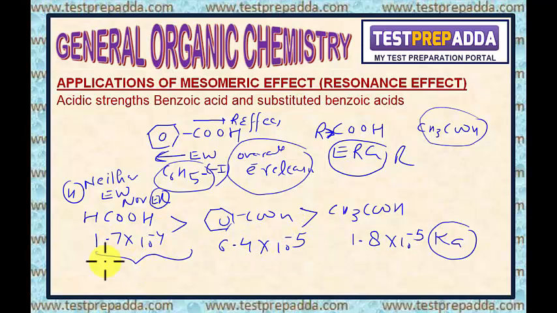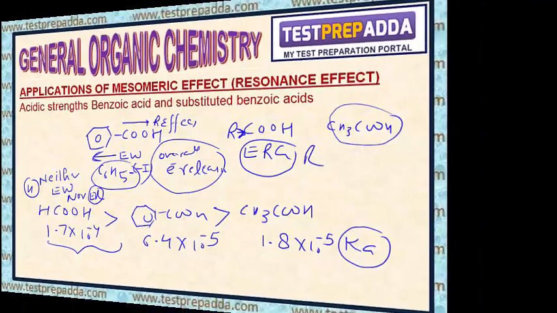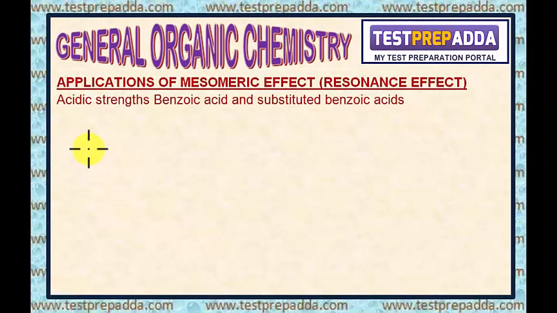Clearly, you can see formic acid is more acidic than benzoic acid, more acidic than acetic acid. My point is clear. Dear students, now I will tell you about the effect of substituents on benzoic acid acidic strength. Okay, first I will take nitrobenzoic acid.